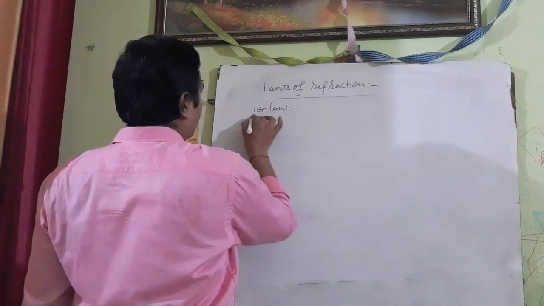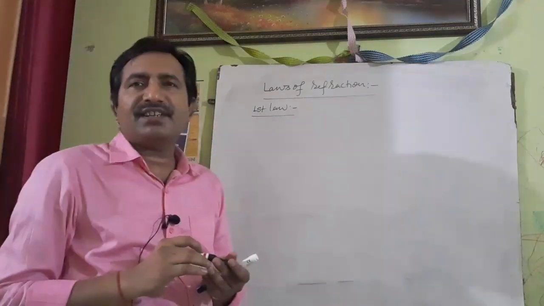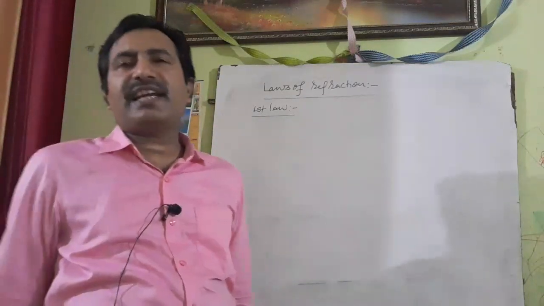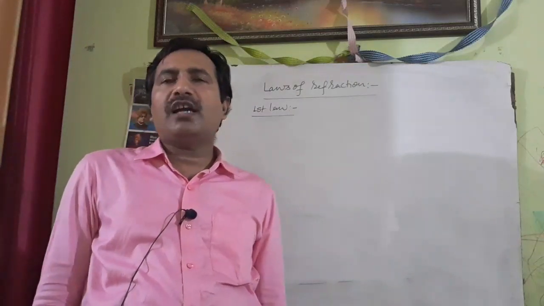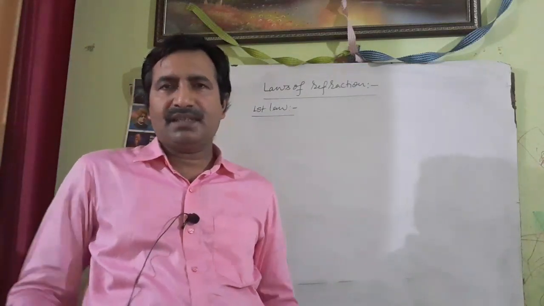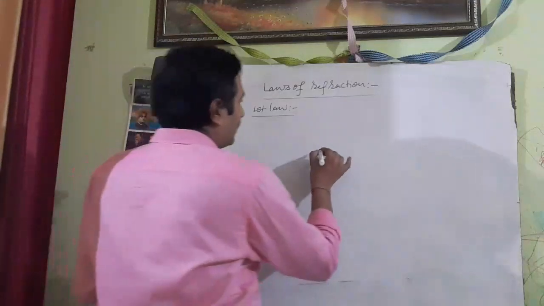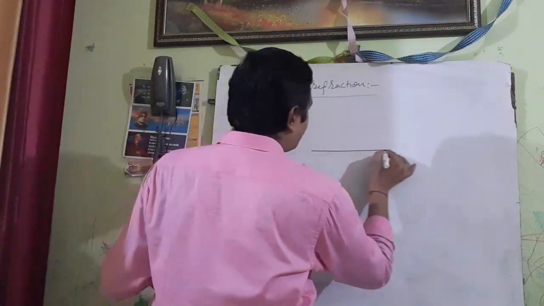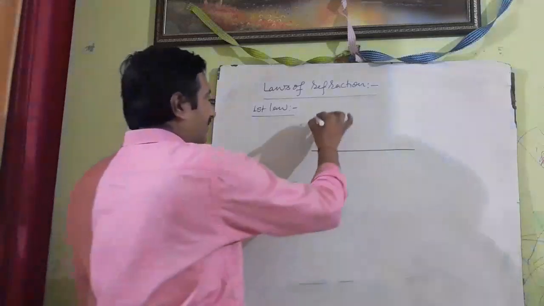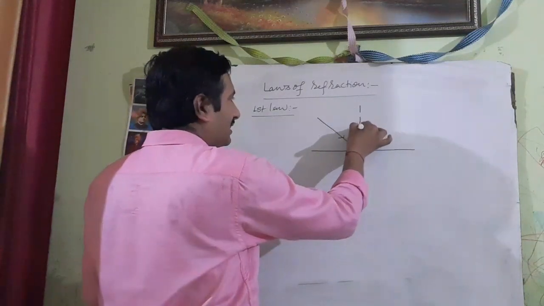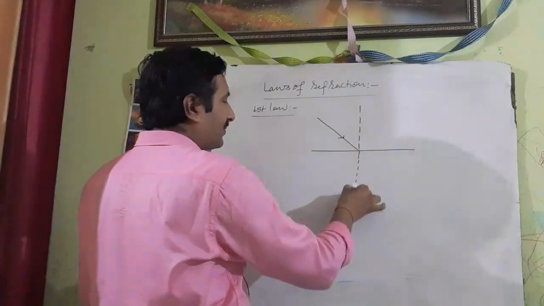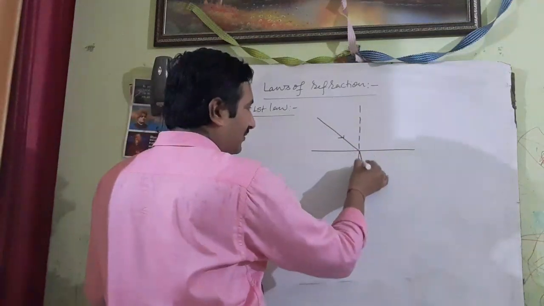First law: the incident ray, the refracted ray and the normal all lie in the same plane. You just understand, this is the plane, this is the incident ray, this is the normal at the point of incidence, and this is the refracted ray.